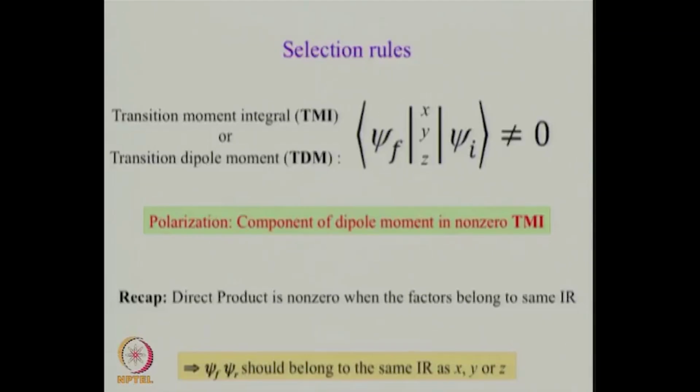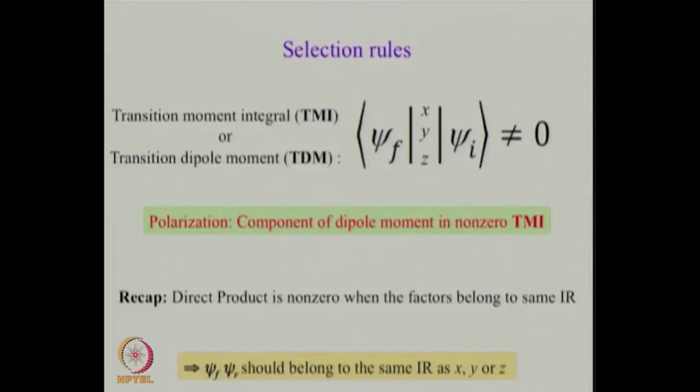We have said that. And then you might remember that a direct product contains the totally symmetric representation only when the two functions of the direct product belong to the same symmetry species. That is a theorem that we had worked out earlier.